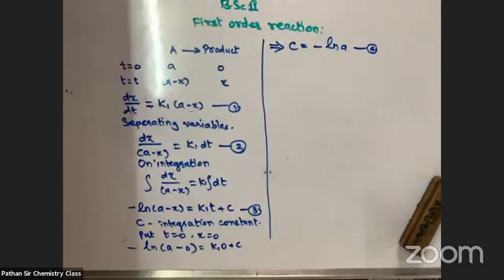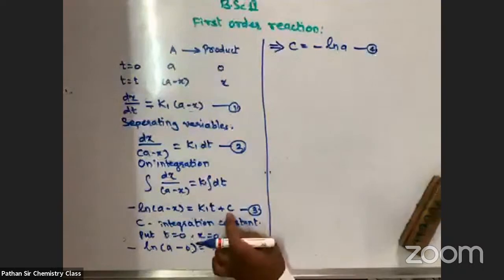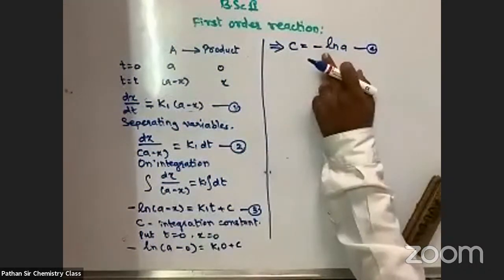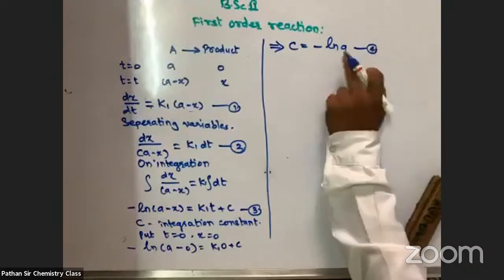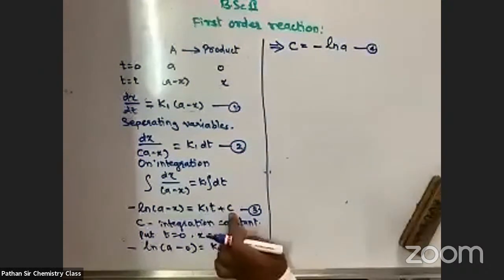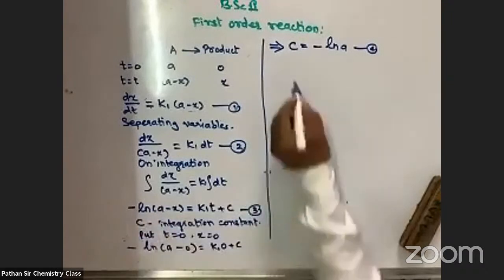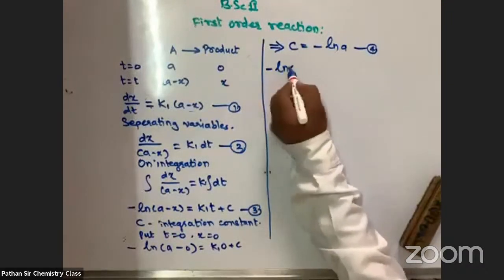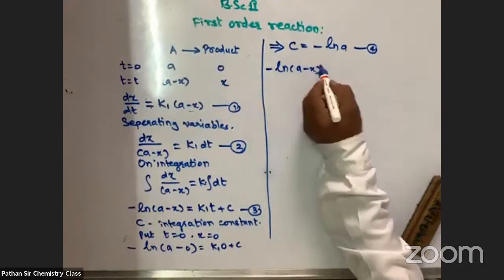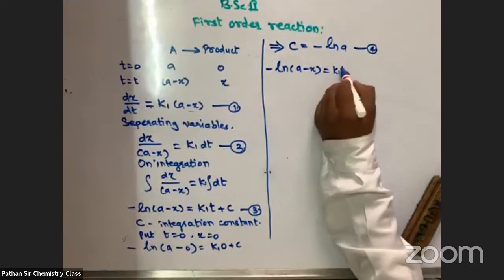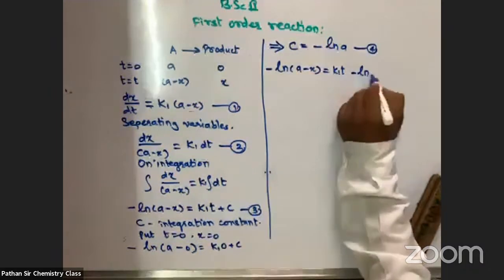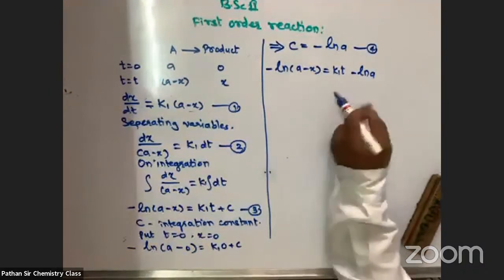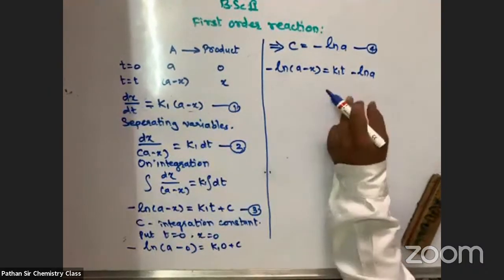Now this is equation number 3 and this one is equation number 4. Put that value of c from equation number 4 into equation number 3. So carefully write this equation as minus log of a minus x is equals to k1t plus c, that is minus log of a. Okay, the log term has moved to the other side. Remember, this is natural log.